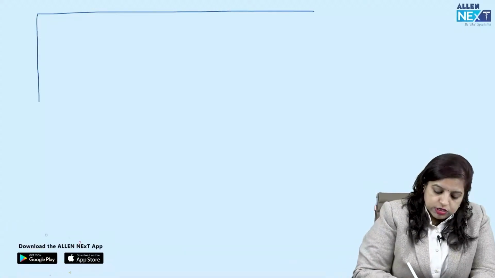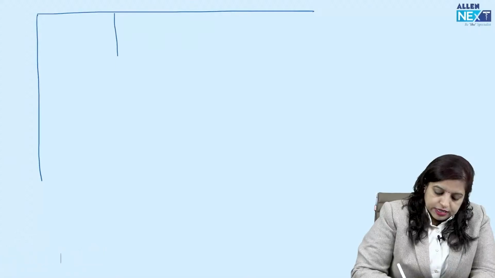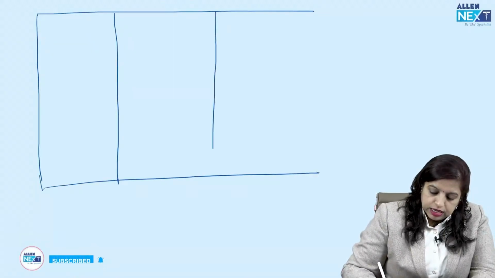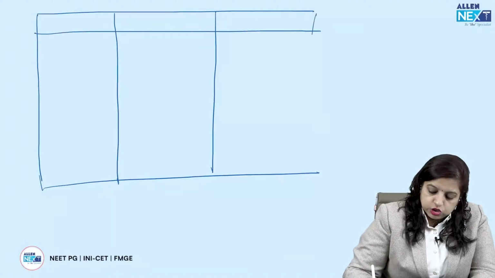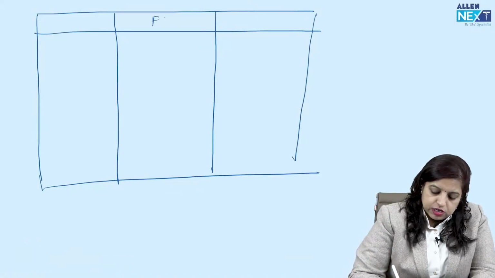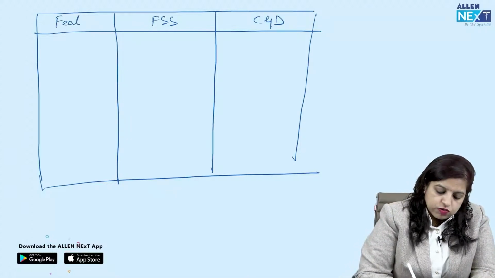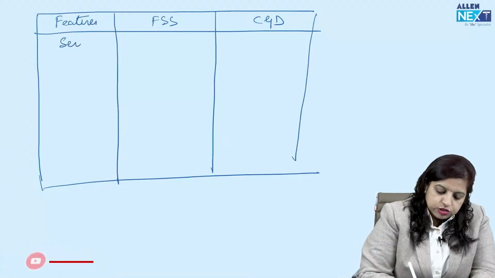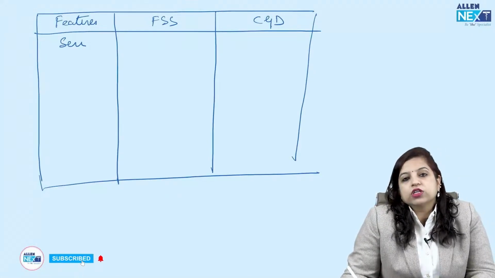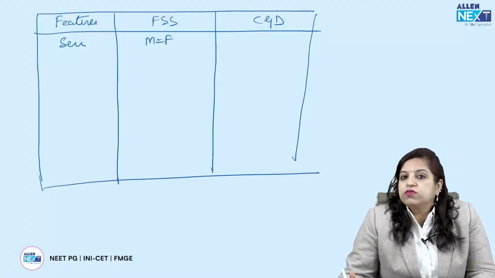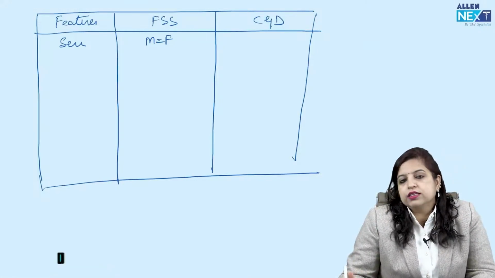delay. So let us quickly draw a table telling us the differences between constitutional growth delay and familial short stature. So this is familial short stature over here, this is constitutional growth delay, and these are the features. If we talk about sex predilection, obviously in familial short stature both males and females are equally affected, depending on whether parents are short stature or not, and the cause is familial.